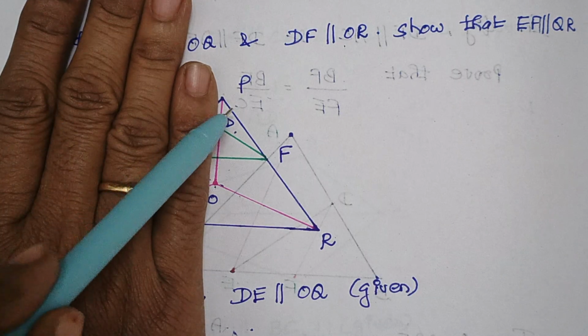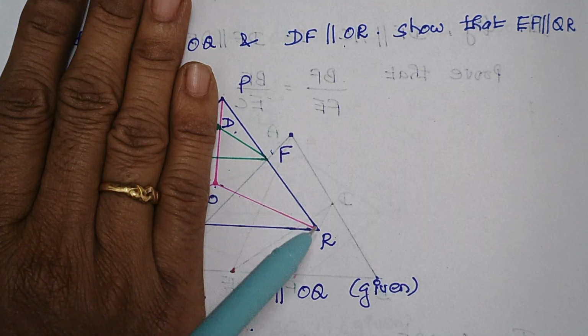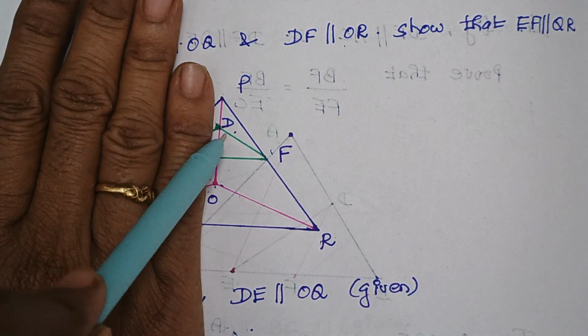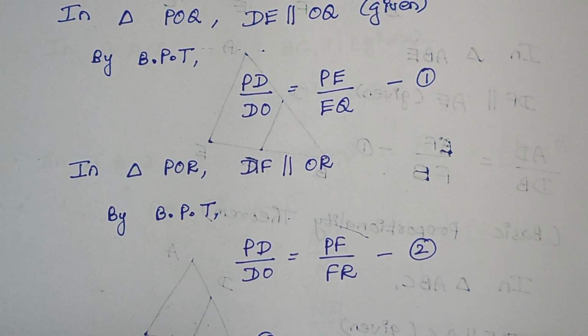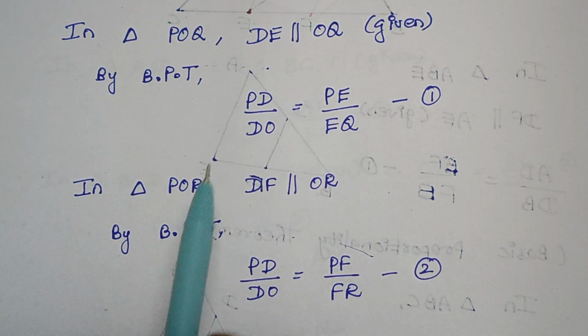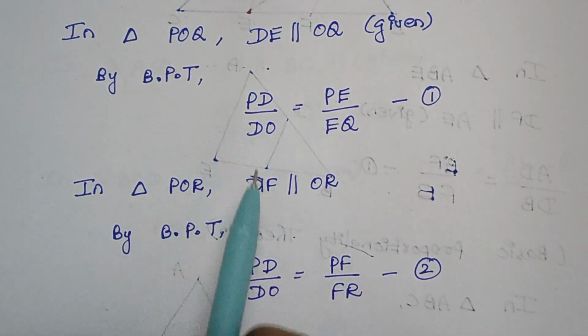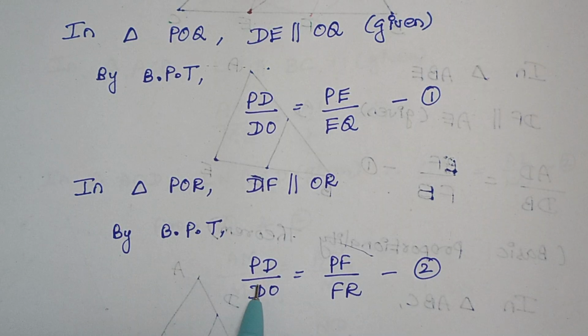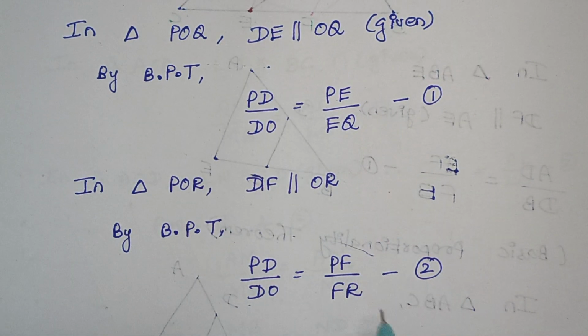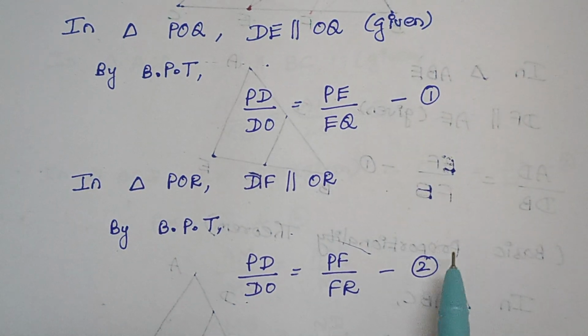PF by FR is equal to PD by DO, right? So this is the thing I had written here. Again, here also I have PD by DO and here also I have PD by DO. So when the left hand side terms are equal, obviously the right hand side terms should be equal. So 1 is equal to 2.